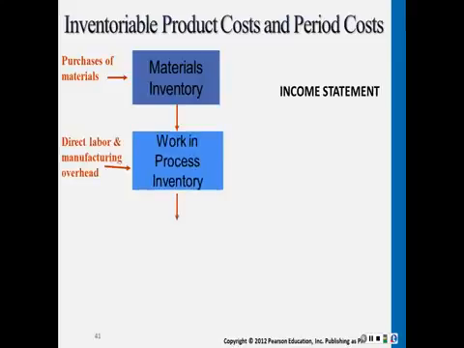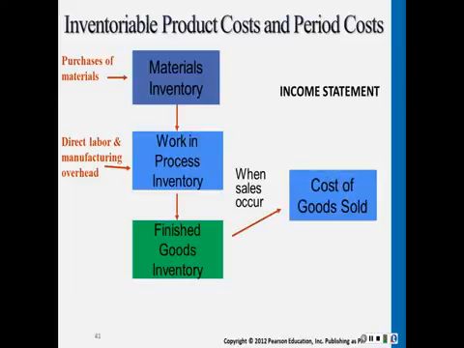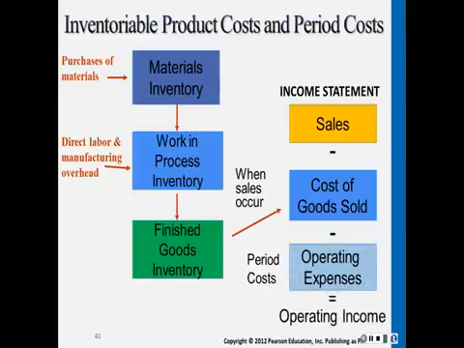Then the manufacturer uses direct labor and manufacturing plant and equipment overhead to transform or convert these materials to work in process. When inventory is completed, it becomes finished goods inventory. These are inventoriable product costs because they are required for the inventory production process.